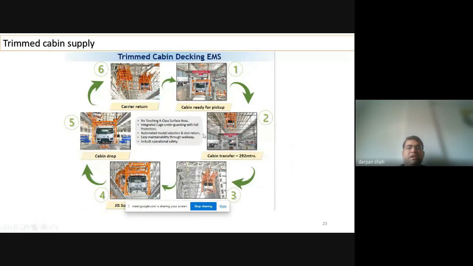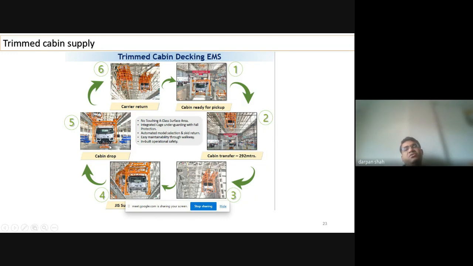Going forward, we have a parallel separate shop for cabin trimming. Cabin trimming is basically the operation where the shell of the cabin, which is robotically welded and then painted in the paint shop up to the required levels, is fitted with all the interior related components, like you can see windshield, driver and co-driver seat.